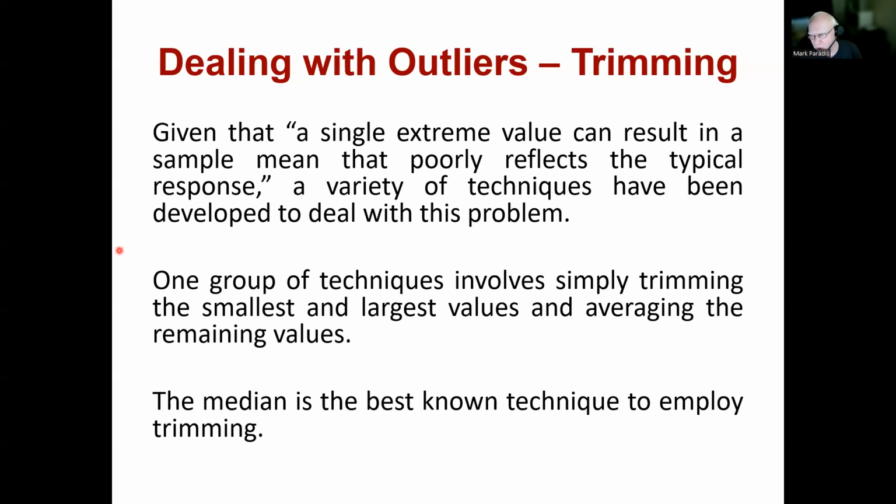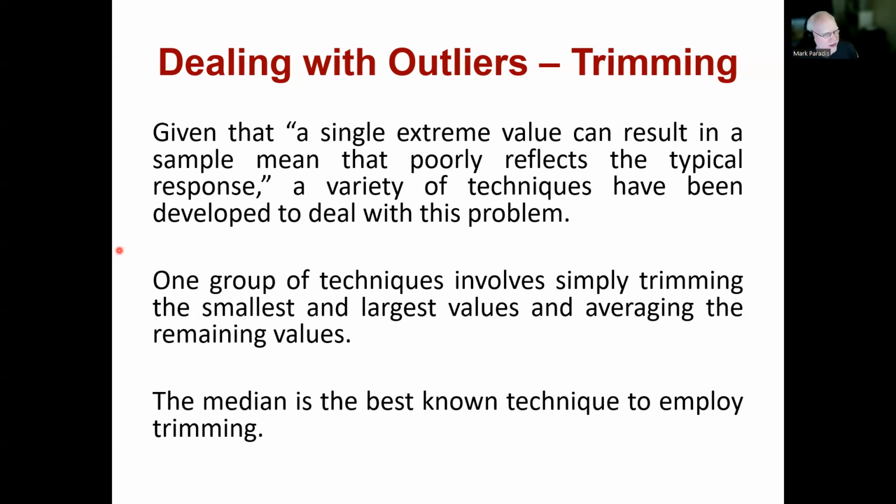One group of techniques involves simply trimming the smallest and largest values and averaging the remaining values. So in other words, imagine we arranged all of our data in order from smallest to largest. By definition, the most unusual values, the ones that were arbitrarily small or large, would be either the smallest or the largest values in the data set.